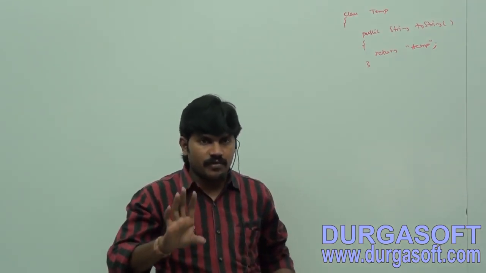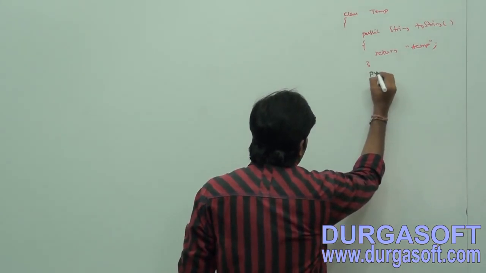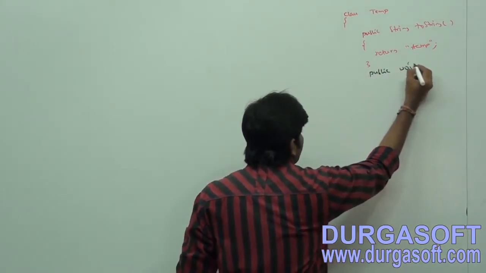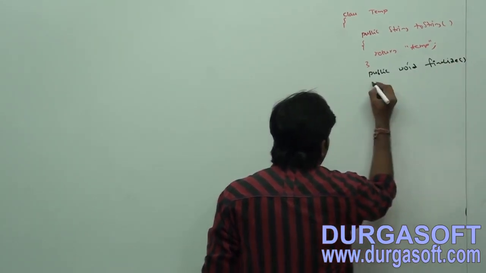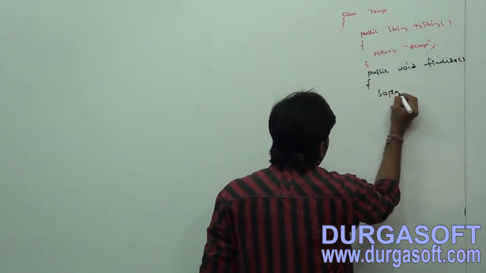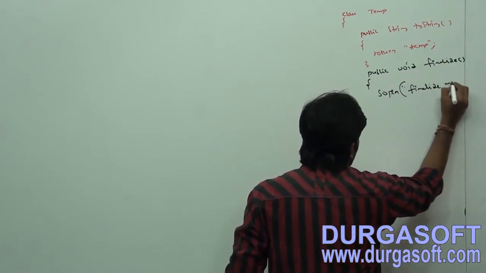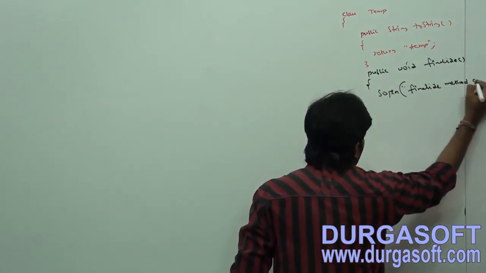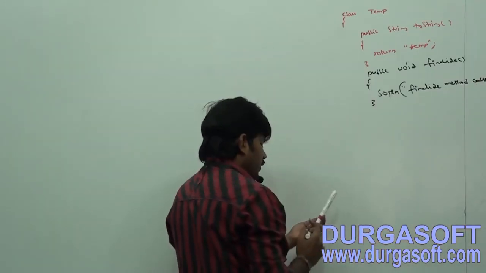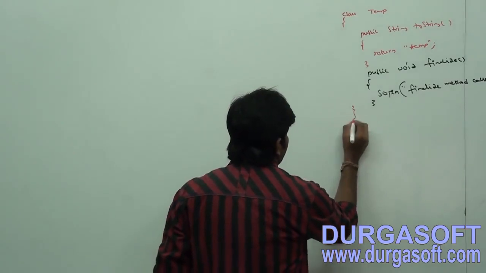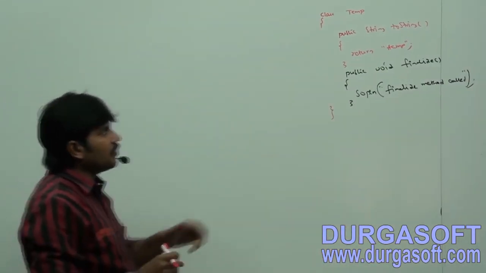So here: public void finalize, System.out.println("finalize method called"). This is the Temp class, right? Are you able to understand?